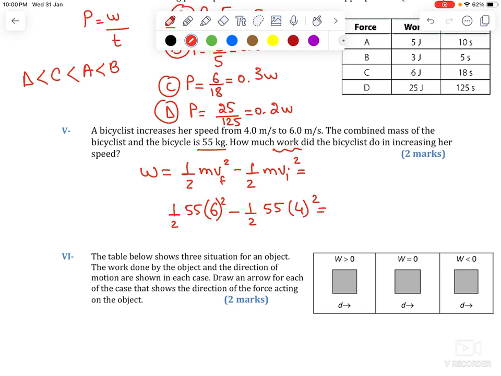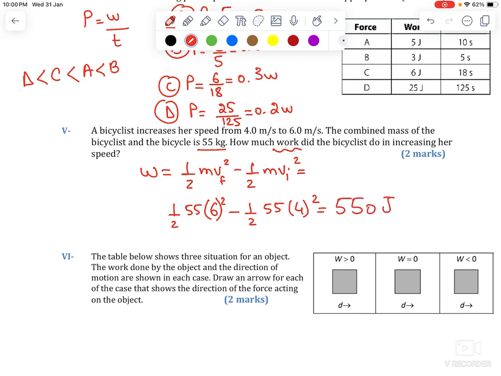Okay, so 36 minus 16, so the answer is 550 joules.